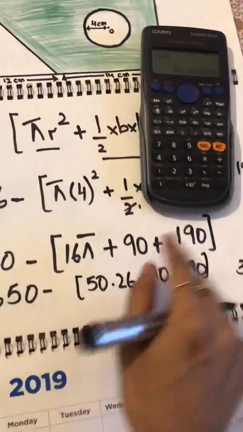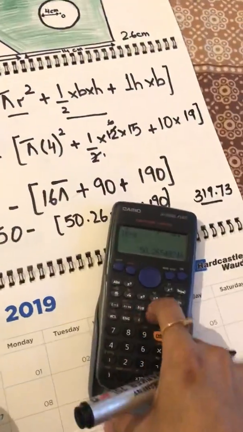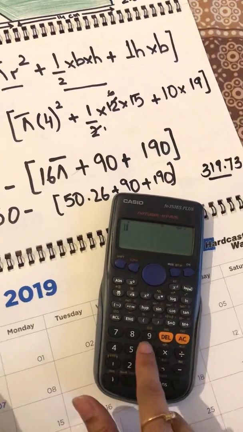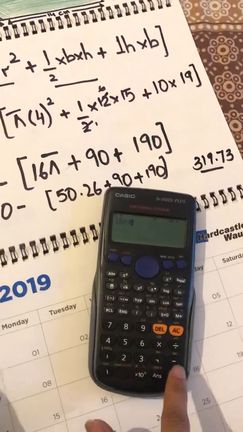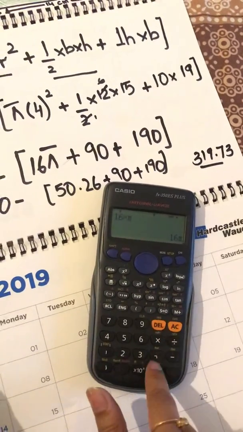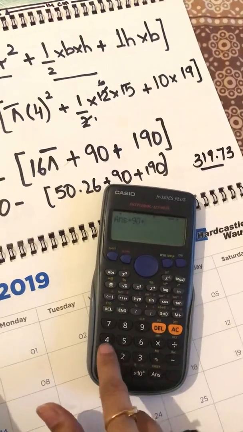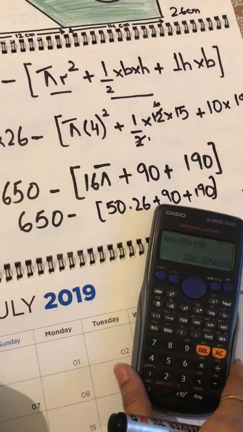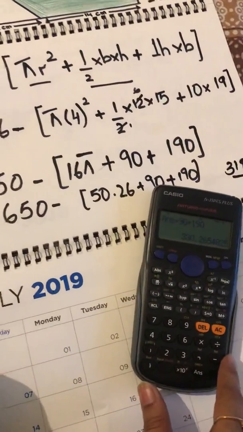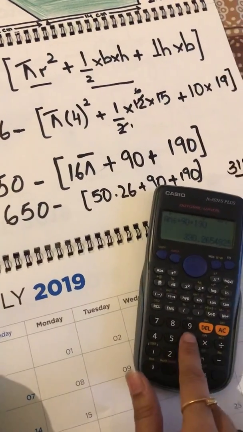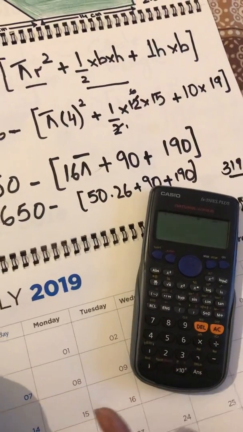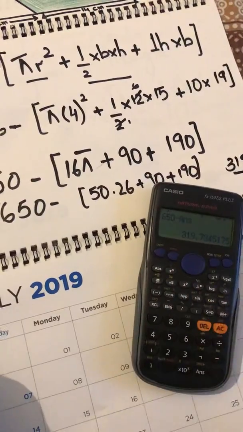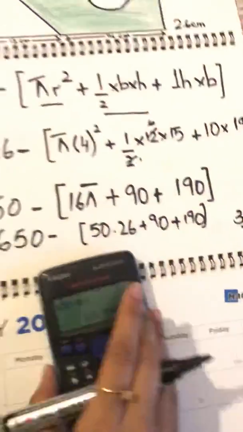Now add up these three together. 16 multiplied by pi plus 90 plus 190, that's equal to 330.26. Yes, if you wanted to write 330.26, you can write it down as a solution, or you can just directly subtract it. That's equal to 319.73, the answer which we got directly.